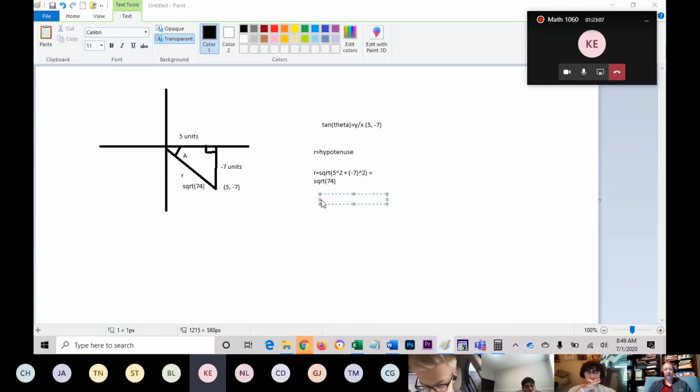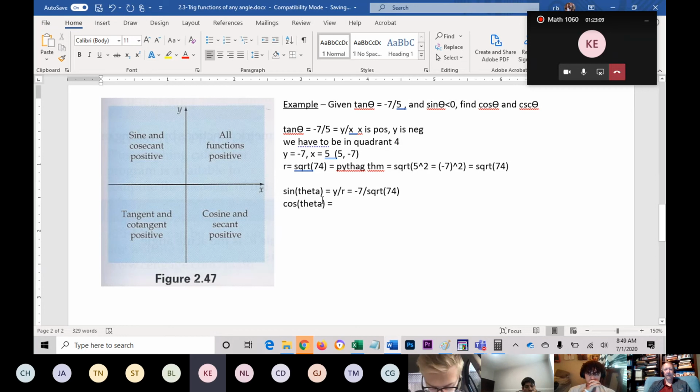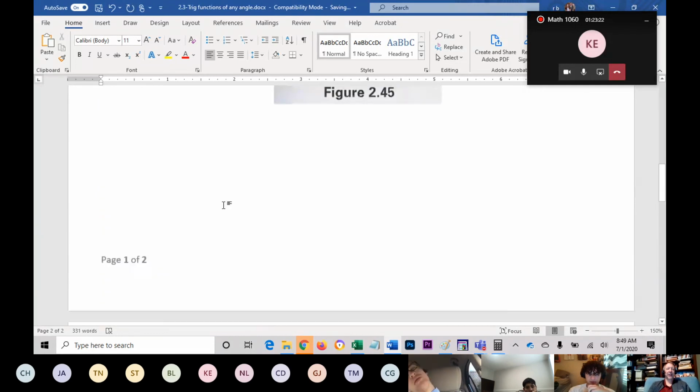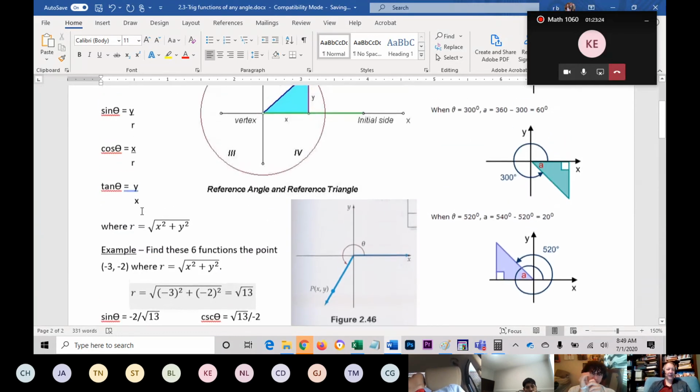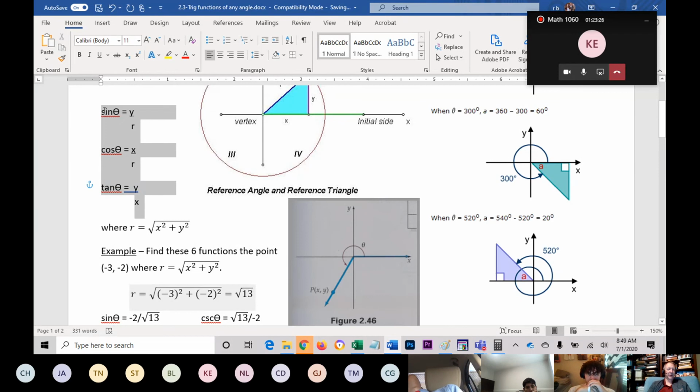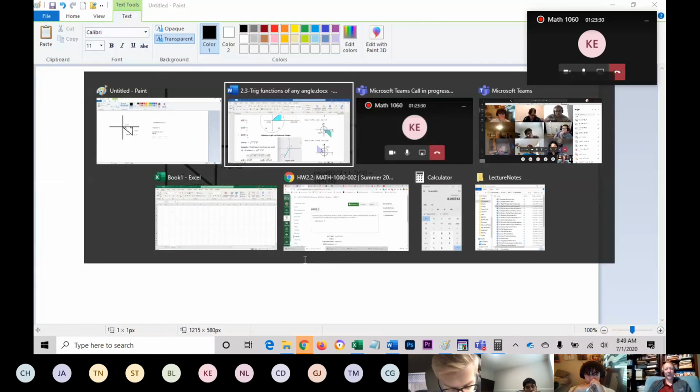R, according to these formulas, what would that be, x over r? It would be very good. Okay. And I probably didn't emphasize that like I should have at the beginning of class. You want to memorize those 3 formulas. Okay. All right. So well done.